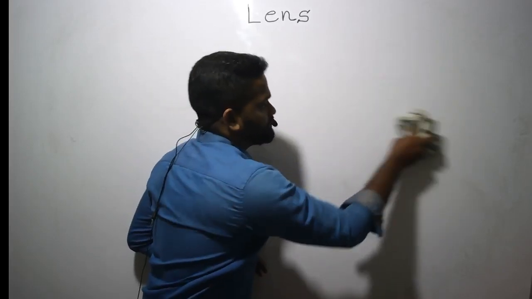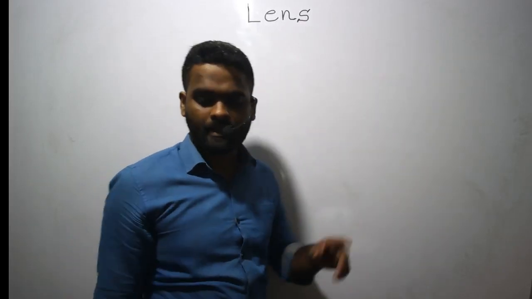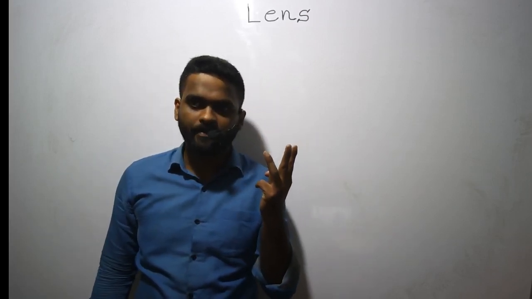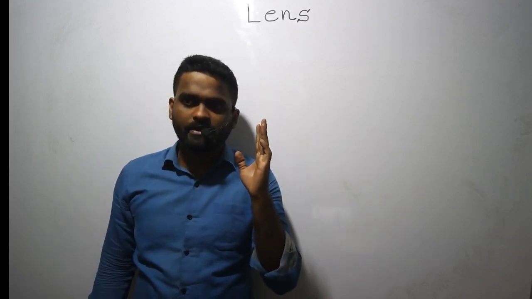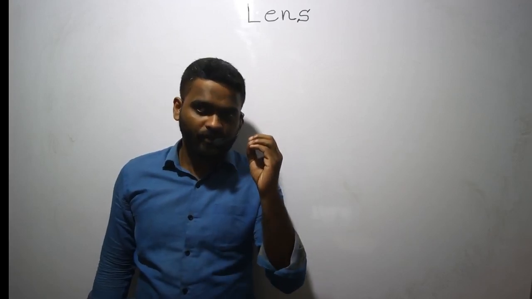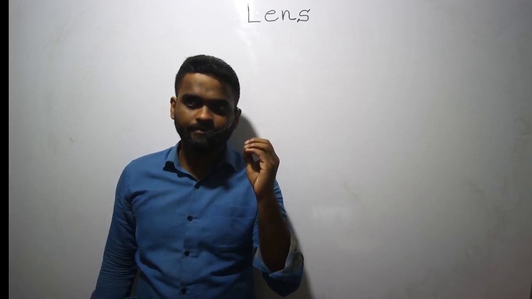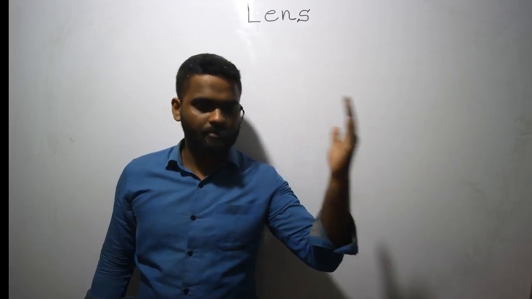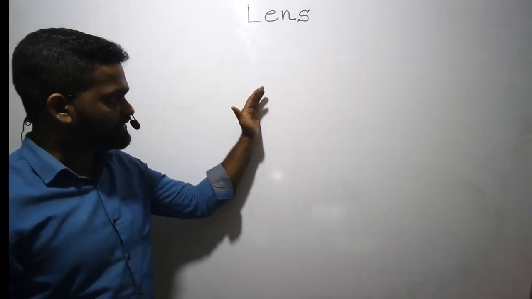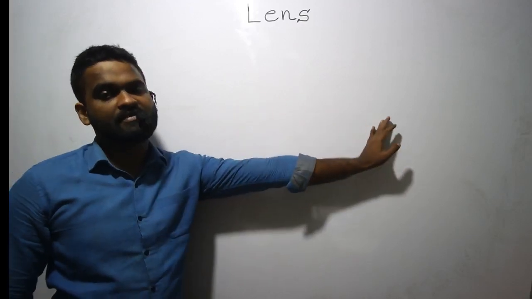So when we think about ray diagrams, there are three types of images. When we think about a convex lens, a convex lens forms real images. Remember, if you have an object here, a convex lens makes real images at this side.